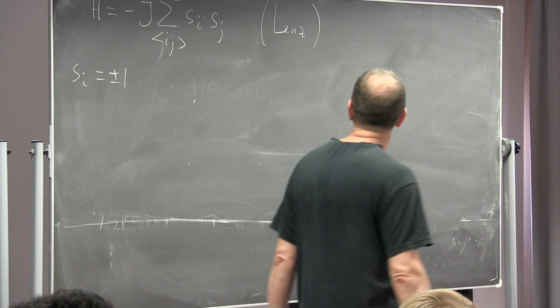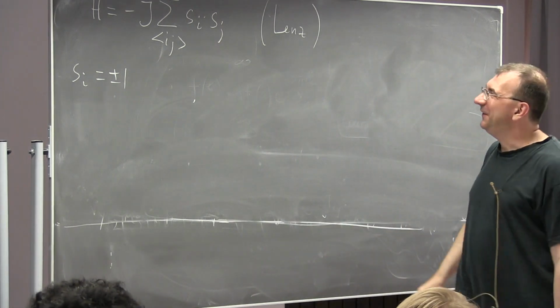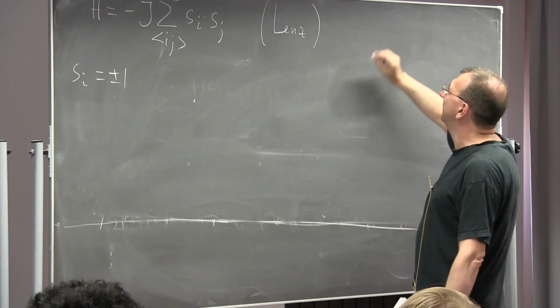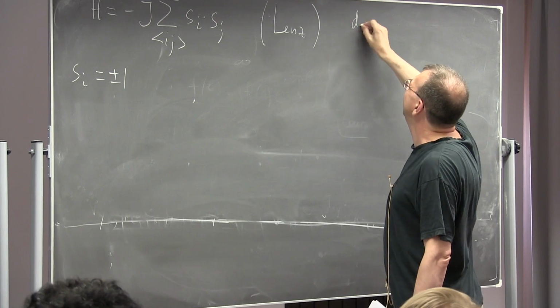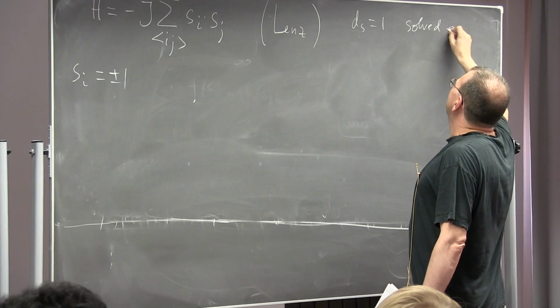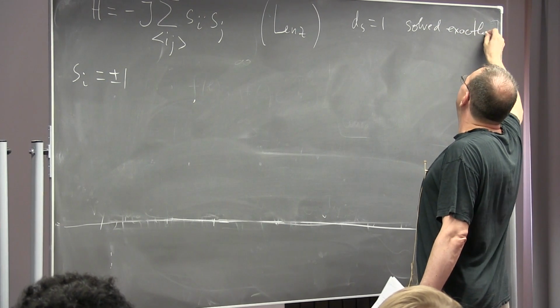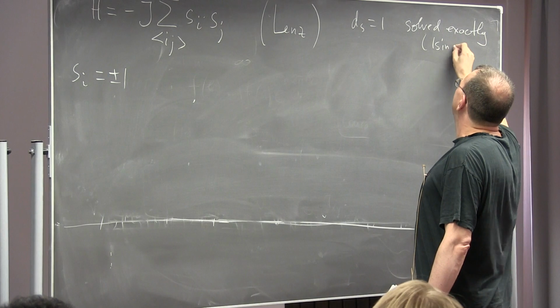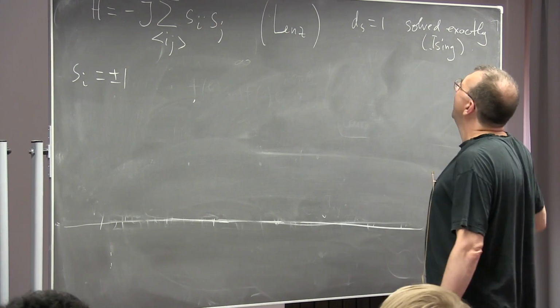Ising solved the one-dimensional model, d equal to 1, exactly. And this was, I think, his PhD thesis.